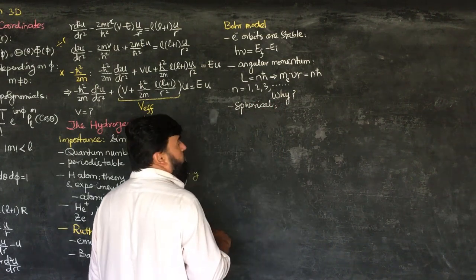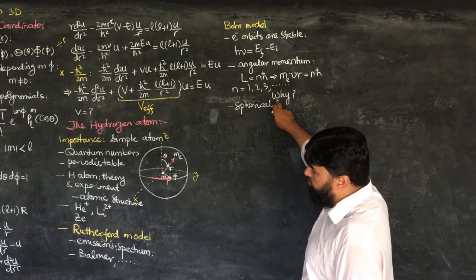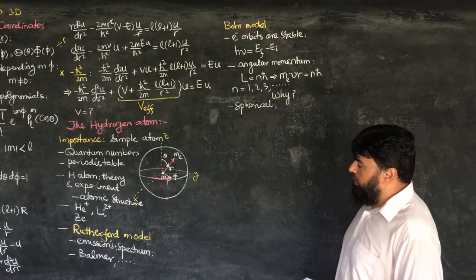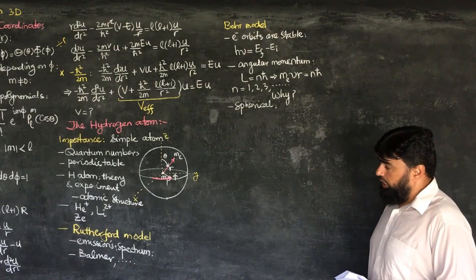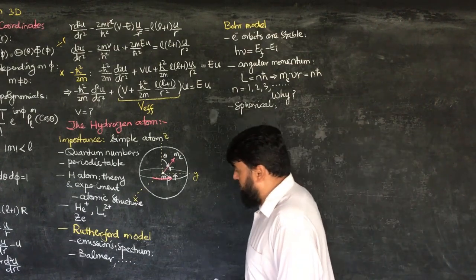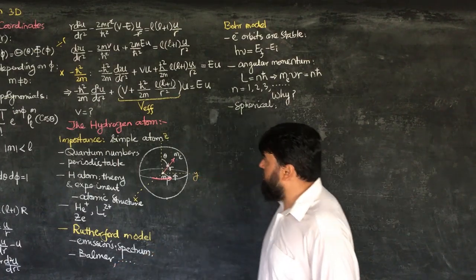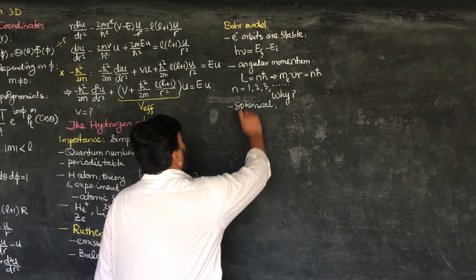There was no reason provided for this, but this model worked very well for explaining the Balmer and the other series of the hydrogen atom. The Balmer series, the Paschen series, the Brackett series, all those series were experimentally determined.